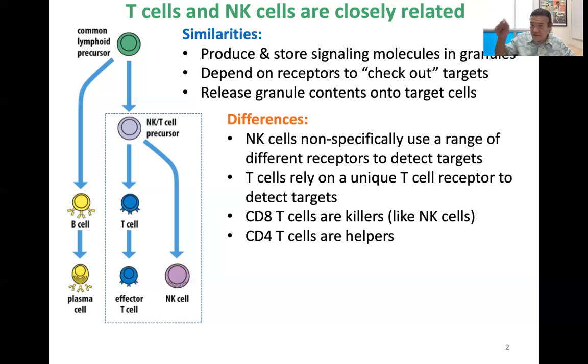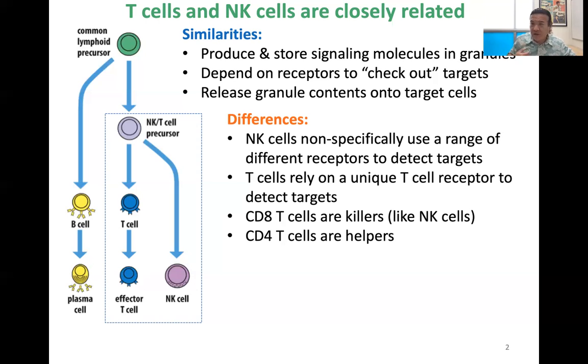In addition to the other immune receptors that it has, a particular T cell will have a unique T cell receptor also, scattered among the other receptors. And that T cell receptor enables the T cell to really specifically identify something that is new and different.